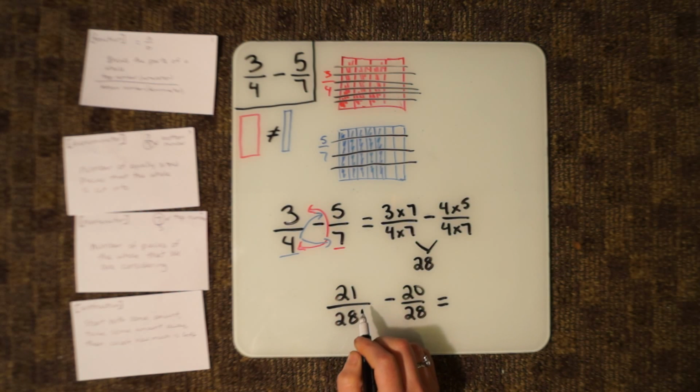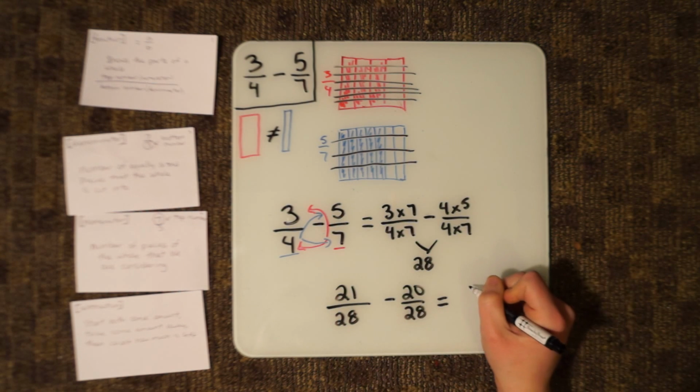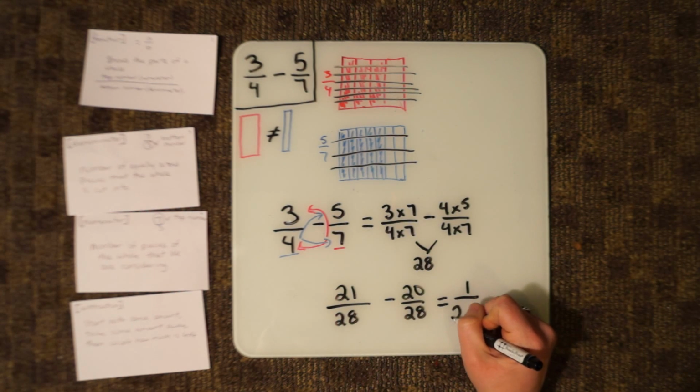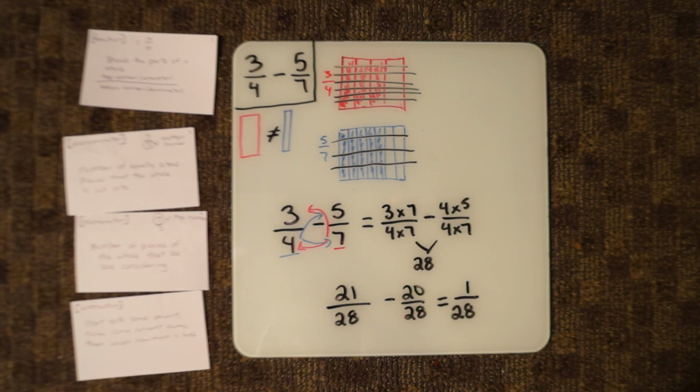If you have 21 pieces and take away 20 of them, you have 1 28th left. And in terms of our word problem, that means that you had 3/4 of a batch of cookies and your brother ate 5/7 of them. He ended up leaving only 1/28 of the batch left.